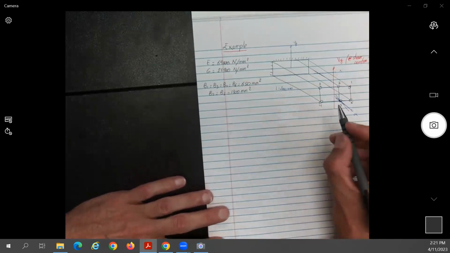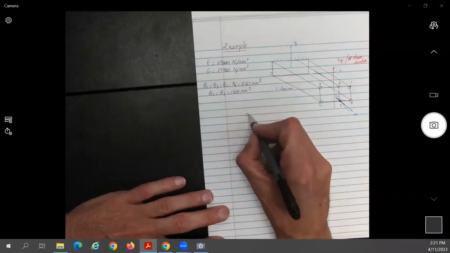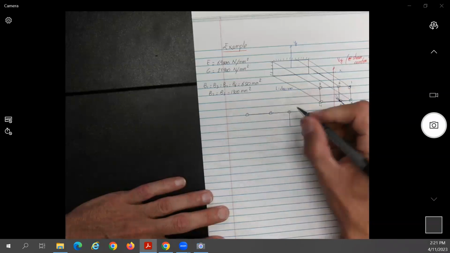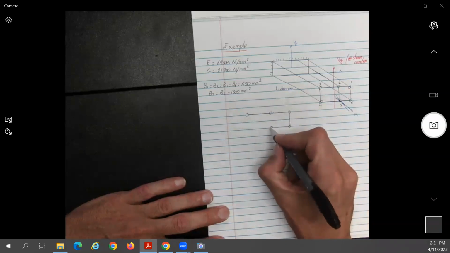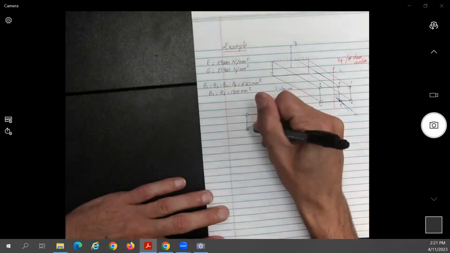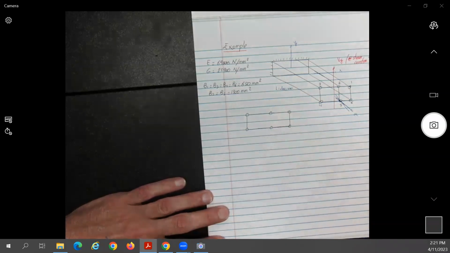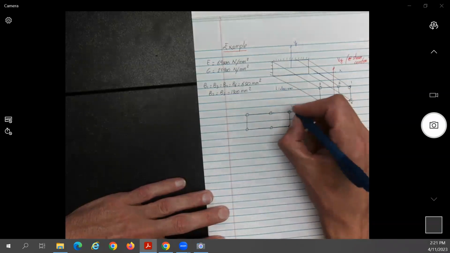Okay, I'm going to do another small figure here, give some more data, and then we're going to discuss the problem.